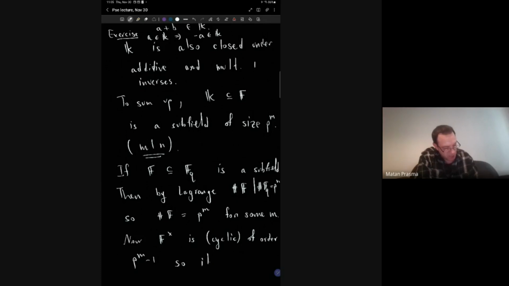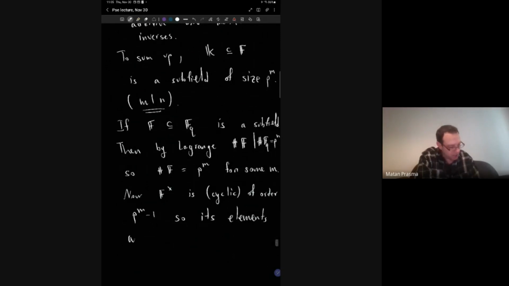So its elements are precisely the roots of x^(p^m) minus x.